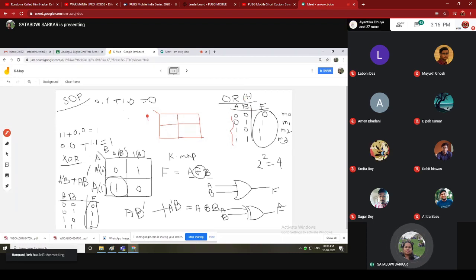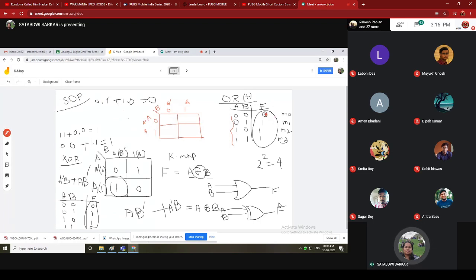If we write A here and B here, the value of B can be either 0 or 1, so we can say 0 as B bar and 1 as B. For A it is also 0 or 1, so we can say 0 as A bar and 1 as A. Using this SOP, see here, SOP is written.